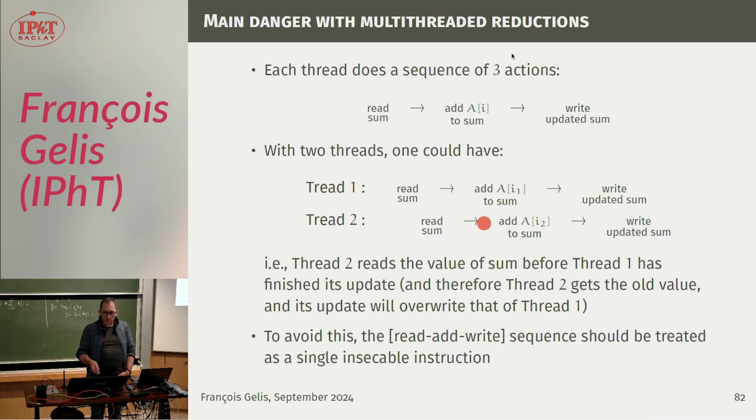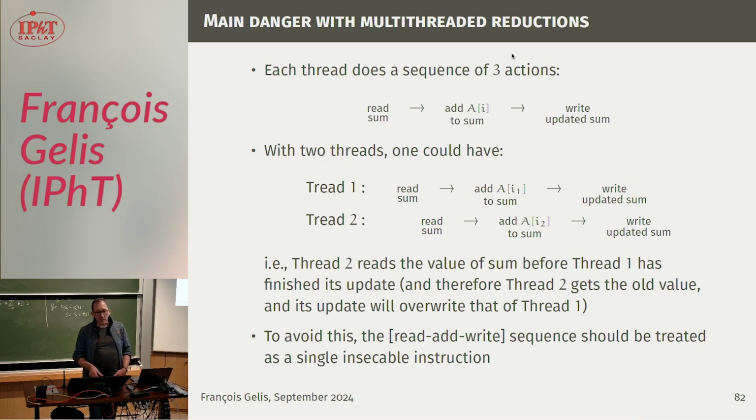Thread 2 also reads the sum from main memory, but before thread 1 has updated it. So you see easily what happens. Thread 2 reads the same value that was read by thread 1, adds A_i2 to the sum and writes it back to main memory. In fact, the update made by thread 1 will be totally lost.